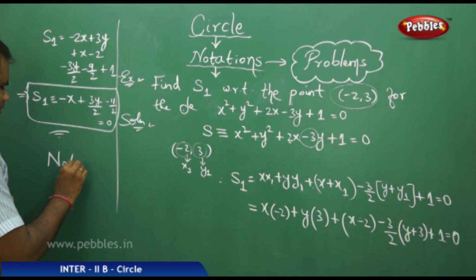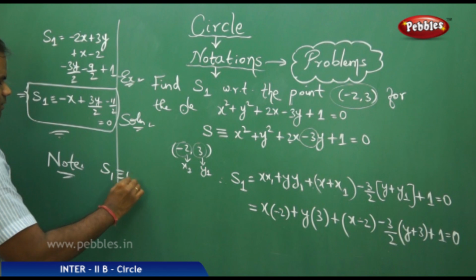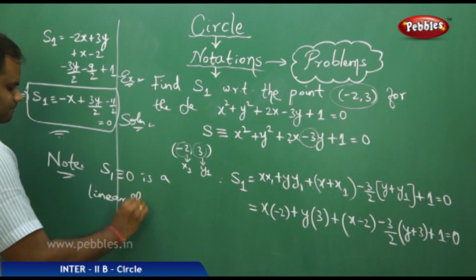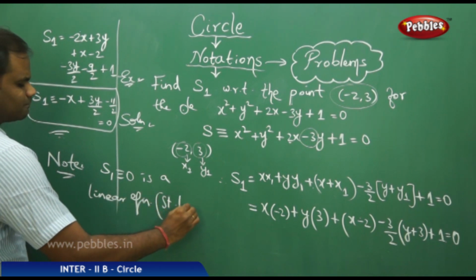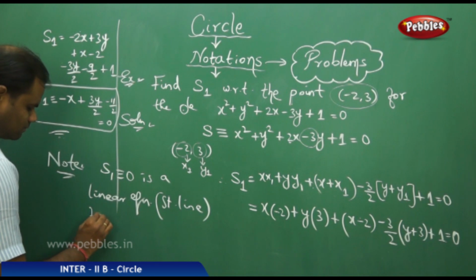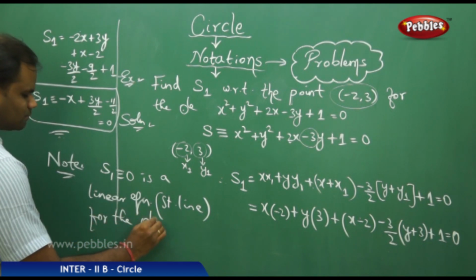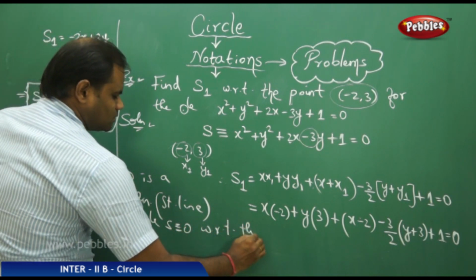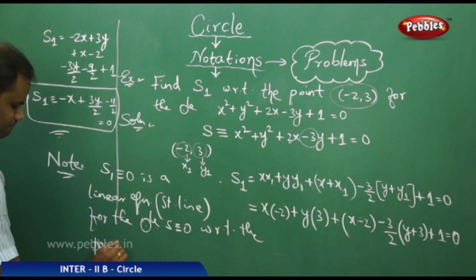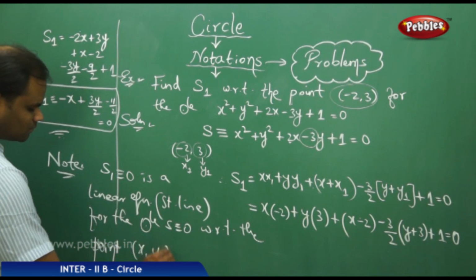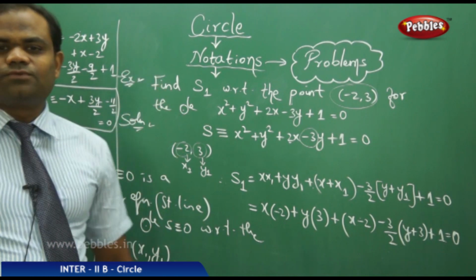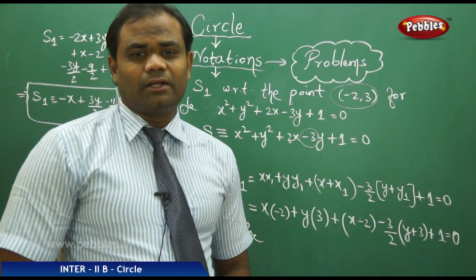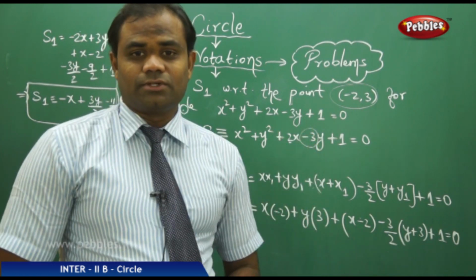I have to make an important note here that S1 equal to 0 is a linear equation or a straight line for the circle S equal to 0 with respect to the point x1, y1, is what we conclude.